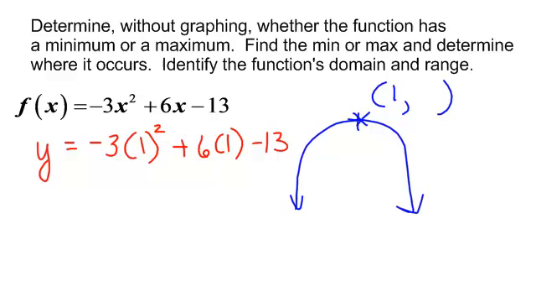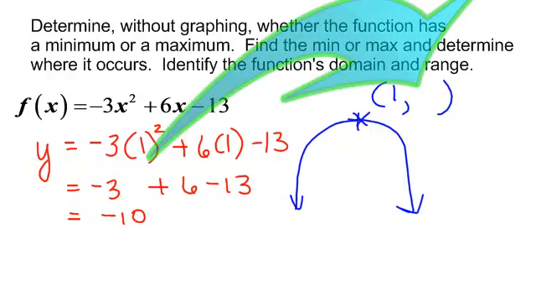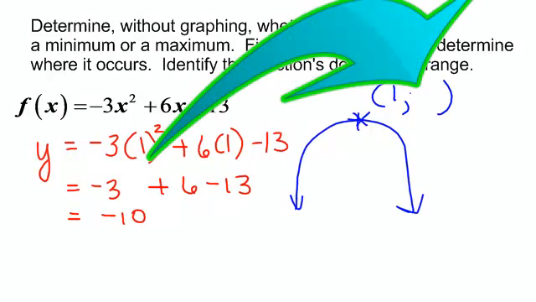We will have negative 3 times 1 squared, which is just 1. So negative 3 times 1 is negative 3. 6 times 1 is 6, minus 13, and I will get negative 10. So the y of my vertex is negative 10.